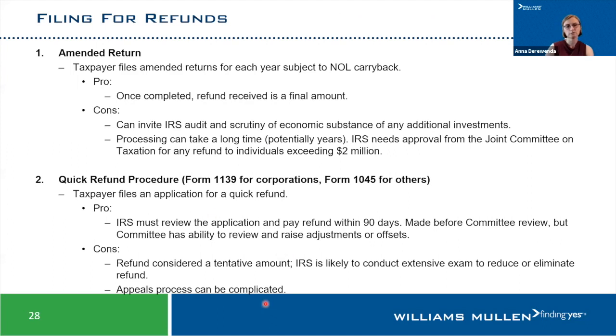So I'm going to flip it over to Farhad in a second, but in terms of filing for the refunds, we have some additional slides. You can either look at amended returns or look to the quick refund procedure, and there are pros and cons for both of them. Especially if you're looking at large refunds, there may be some considerations in which option you choose.